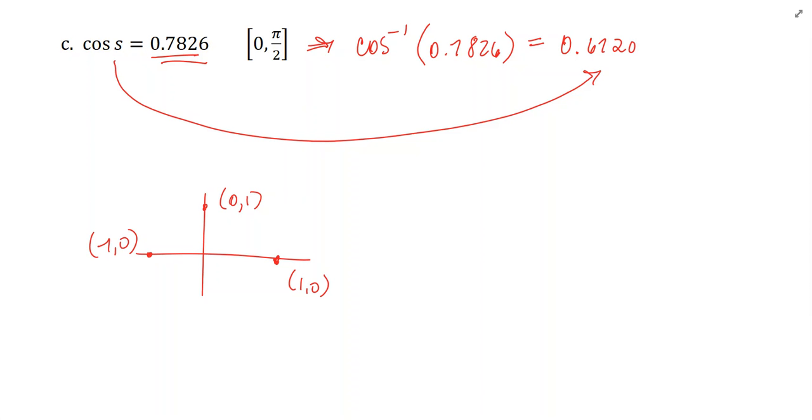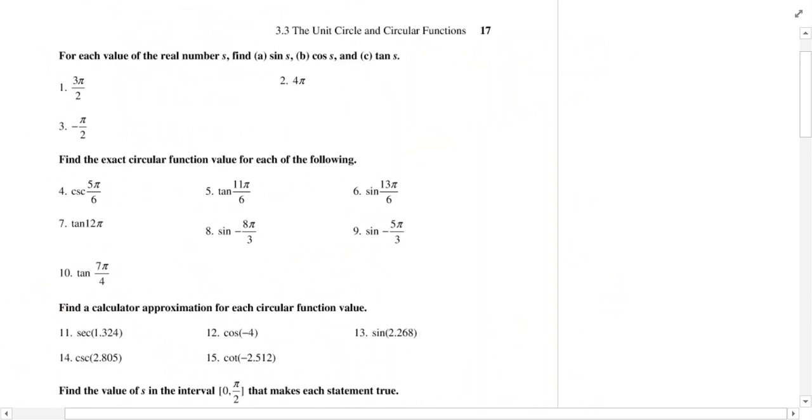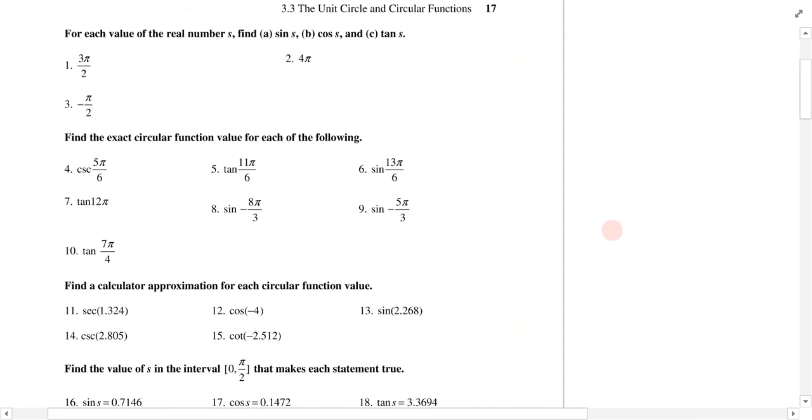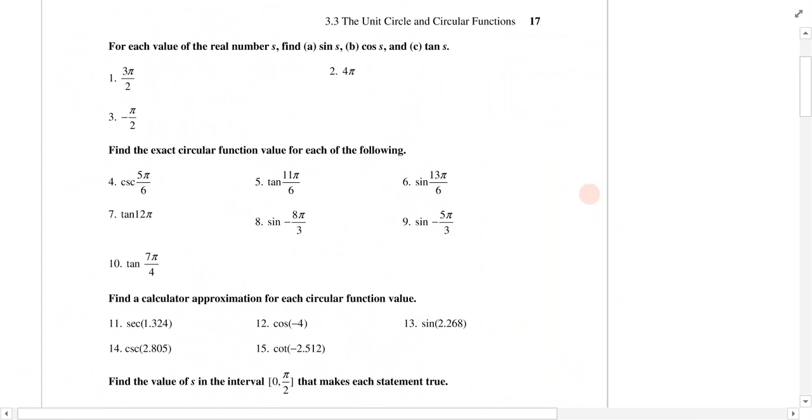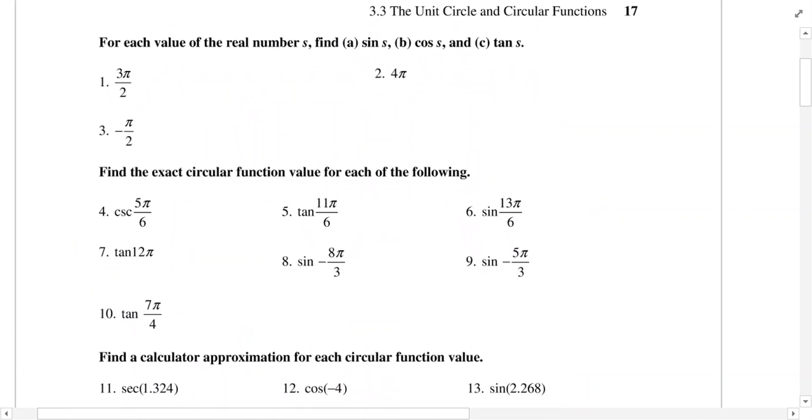All right, so I want you to take a little bit of time. This is where you're going to get to practice this. We're going to take a little bit of time to work on the top 10, 1 through 10.